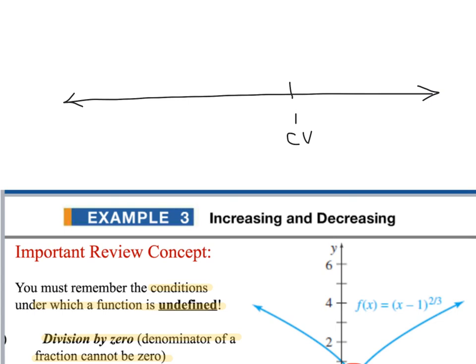And then we need a test point on both sides. And a number that's to the left of 1 is 0. And a number that's to the right is 2. So those are our test points. And then we use our derivative.